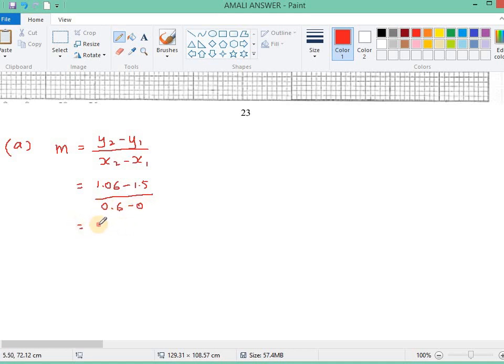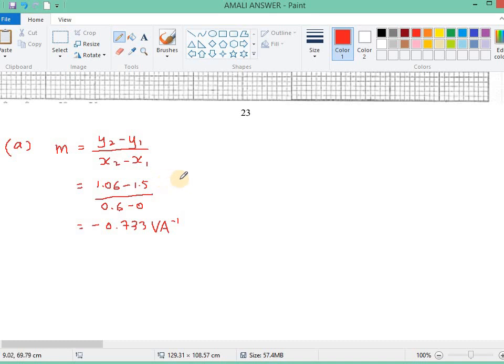So you get negative 0.733 volt per ampere. You can write volt per ampere, or you can write the unit for resistance, ohm. Okay, you can write ohm or volt per ampere.